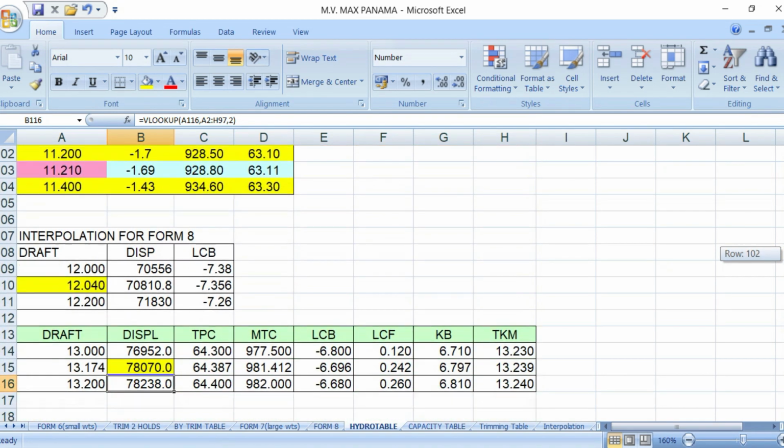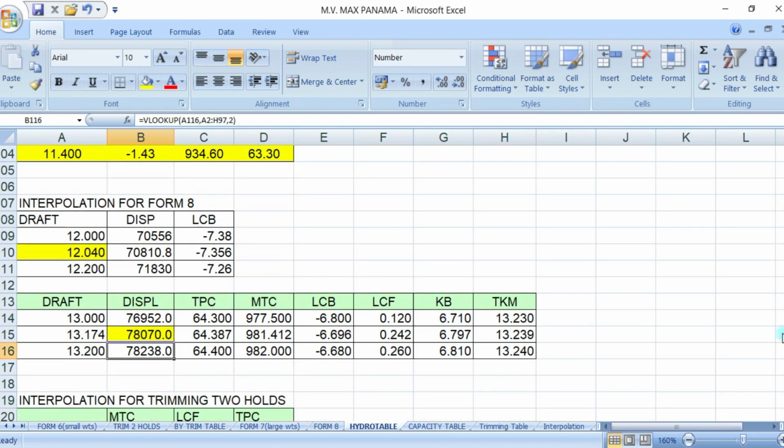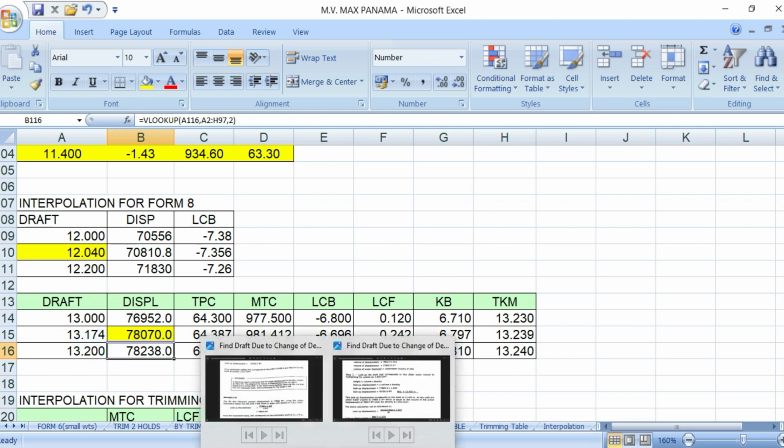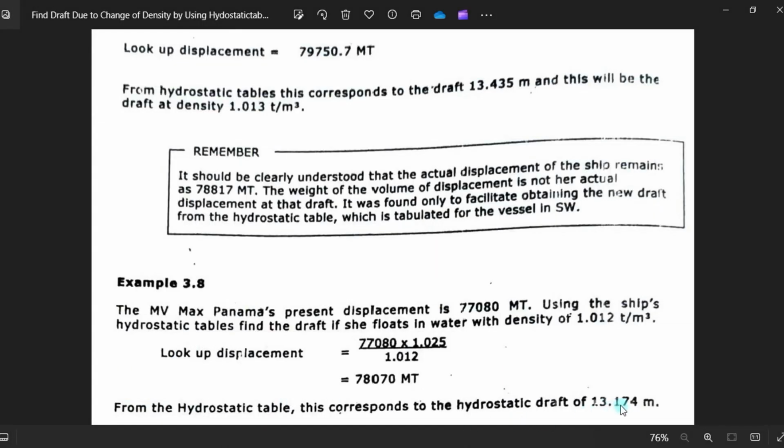So you interpolate these, then you get the value of 13.174.